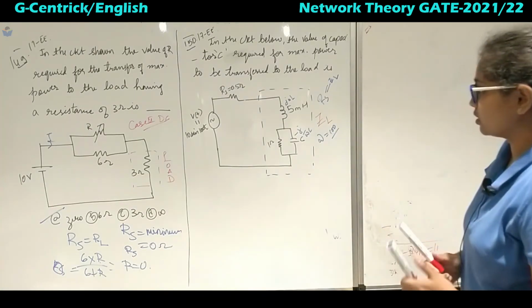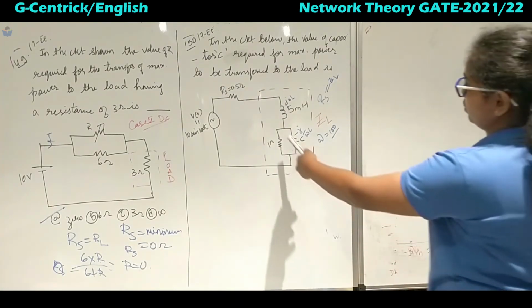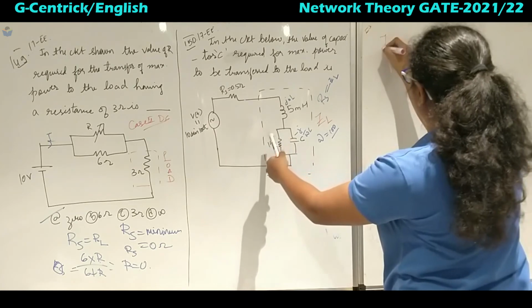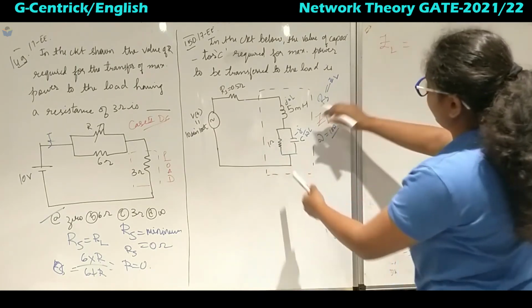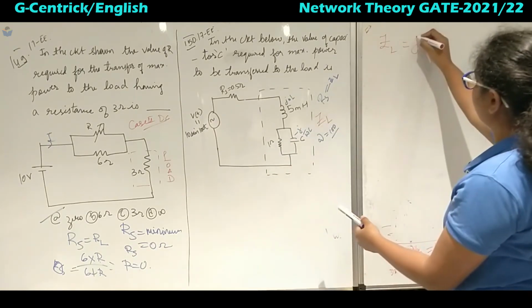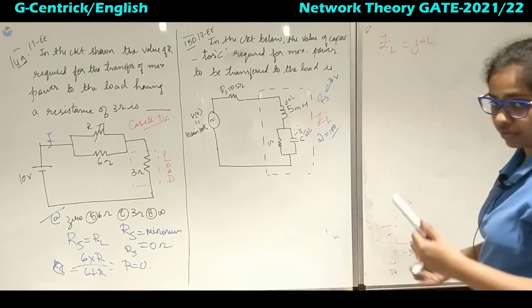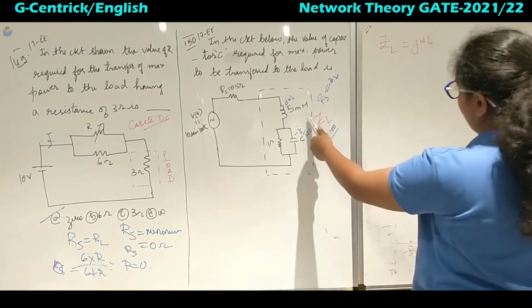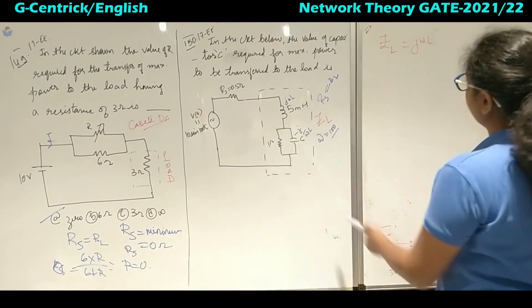So how do you solve this circuit? Now this ZL, I can write it as 5, that is J omega L, after converting it into ohmic value. Okay, and these two are in parallel.